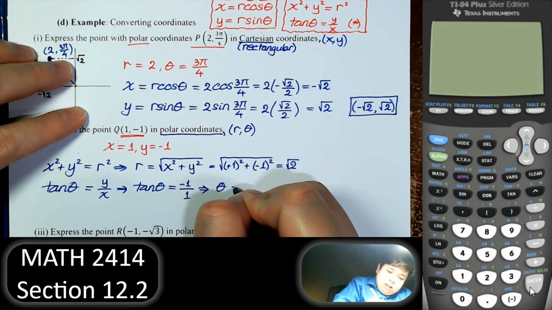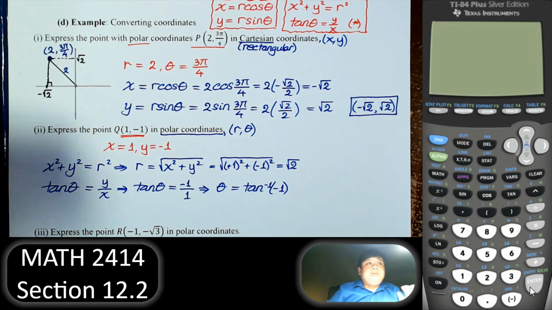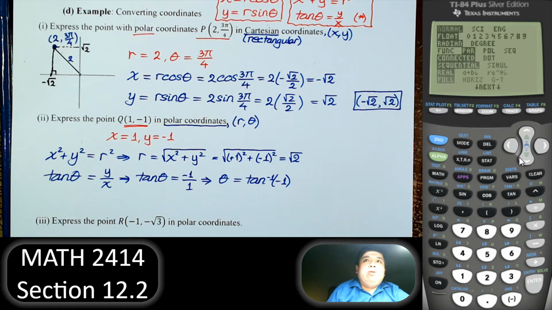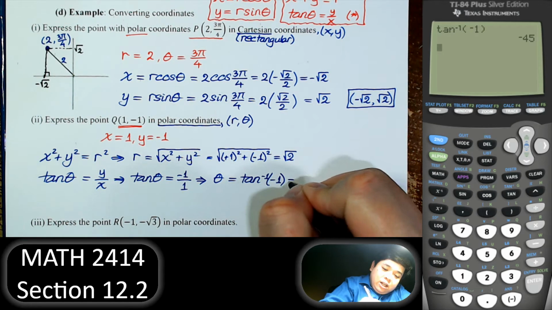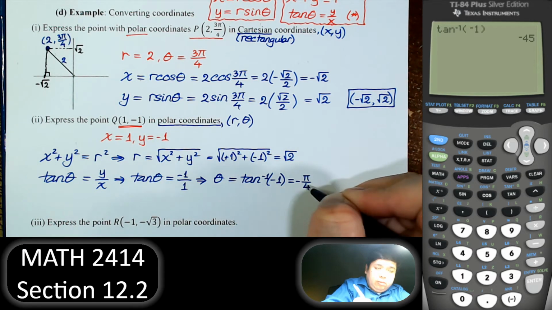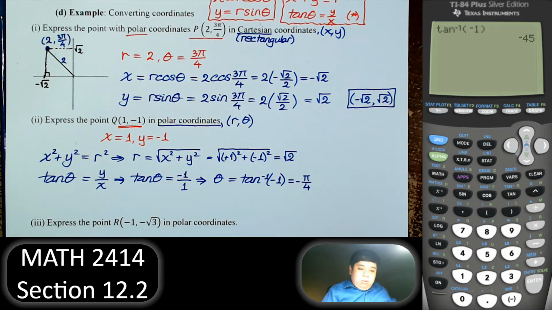So theta equal tangent inverse of negative 1. Right. Usually when we use the inverse trig function, I will keep in degree mode. It is easier to know what is the angle. So tangent inverse of negative 1 is negative 45 degrees, or we can say negative pi over 4. Right. So just have that.